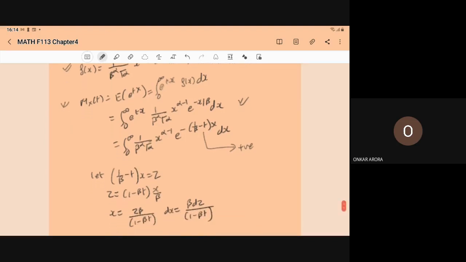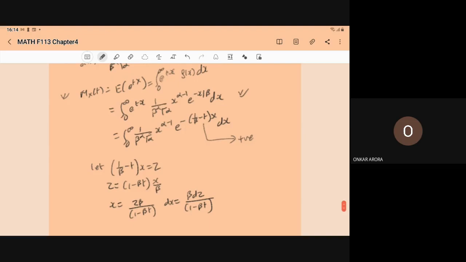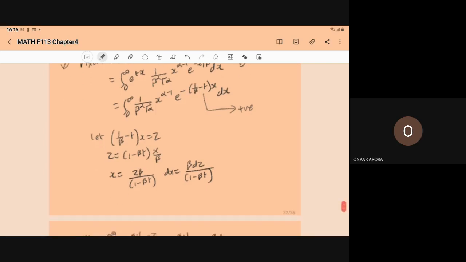So x can also be written as z into beta upon 1 minus beta t. X can be written as z beta upon 1 minus beta t. So dx will become beta dz upon 1 minus beta t.